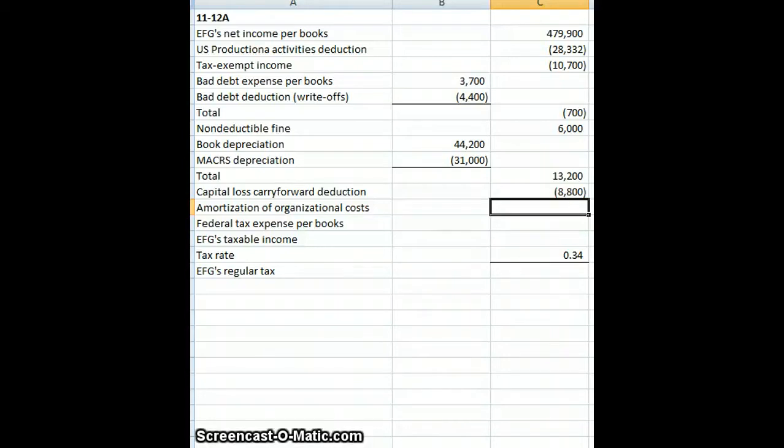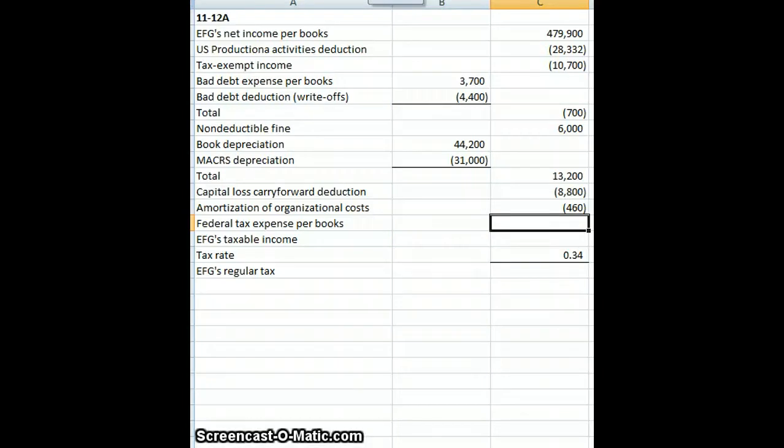Our amount is going to be equal to $6,900 divided by 180 months, times 12 months, or $460, and that's a deduction, so I need to change that to a minus. So we're going to reduce our taxable income by $460.